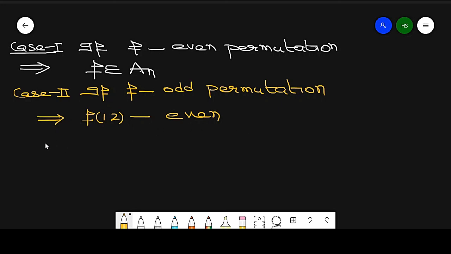So if it is even, it means f(1 2) belongs to An, right?